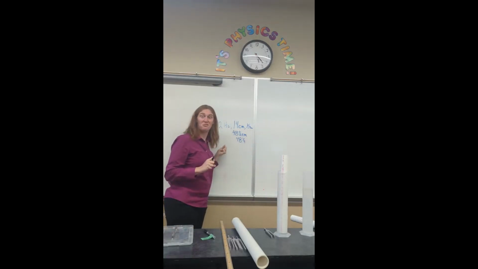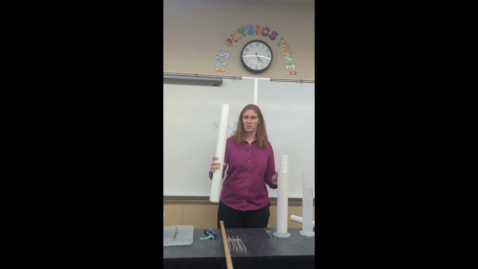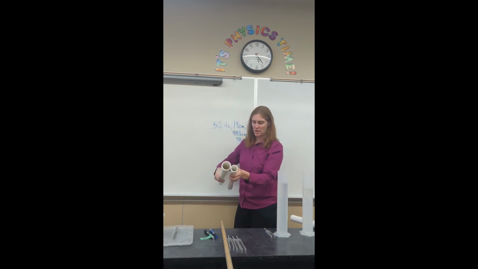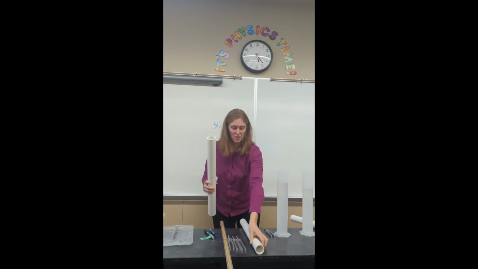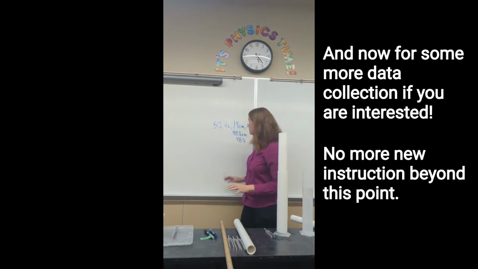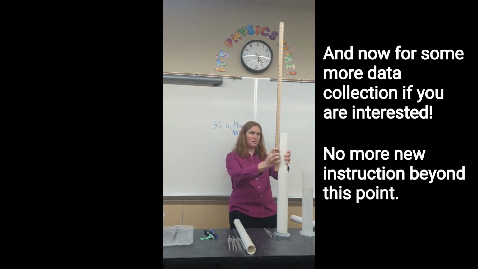All right, so now we're going to go ahead and do some calculations on that. But first, before we do that, I want to now go ahead and switch to a different diameter pipe. So this is a skinnier pipe, this is a thicker pipe. And I want to look at how that affects it. So I know that I should have it at about 14 or 15 centimeters.